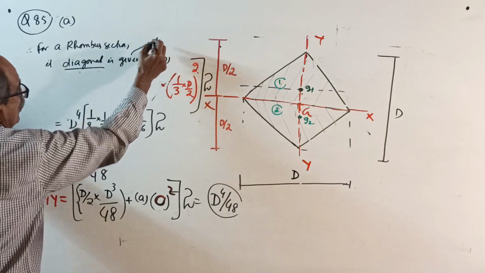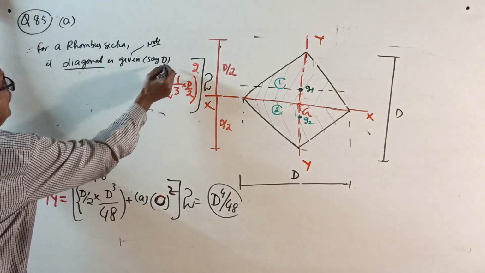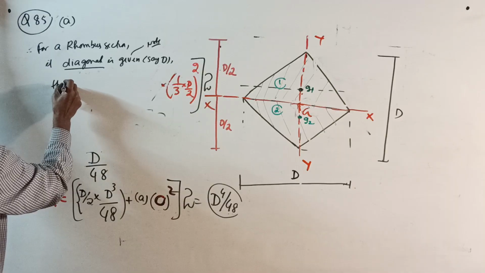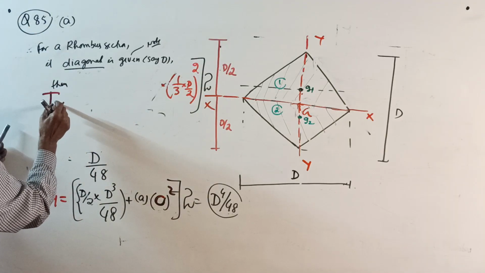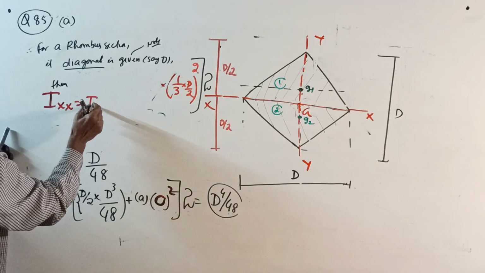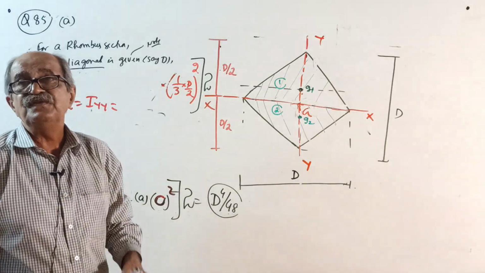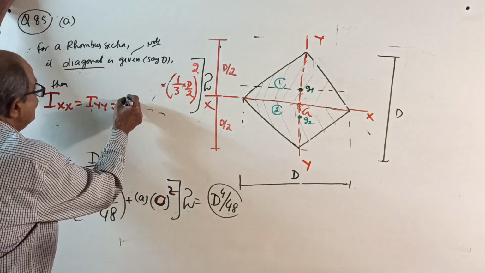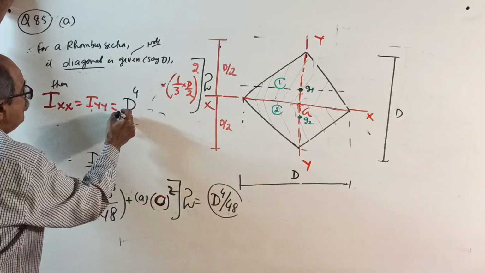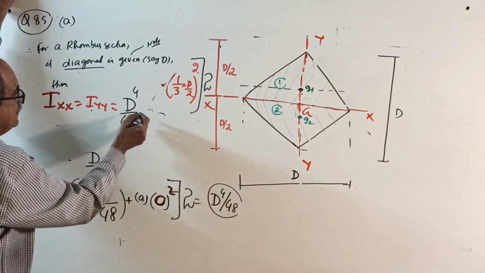Rhombus section, both diagonals are equal. Then your I about XX equal to I about YY. If they give side S, it is S power 4 by 12. If they give diagonal, it is diameter power 4 by 48. This 48 is not this 48, by 48. Okay.